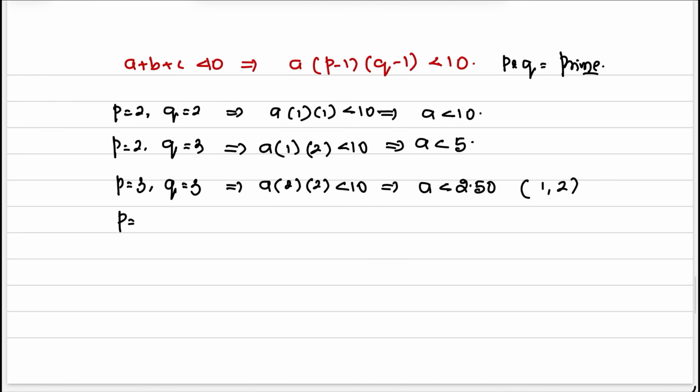If p is equal to 5, let us say, next prime, and q is equal to 5, that is also prime, let us say, a into 4 into 4 is less than 10, that implies a is less than 10 by 16.